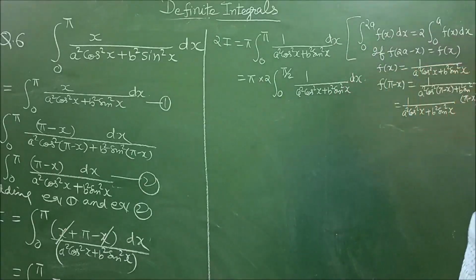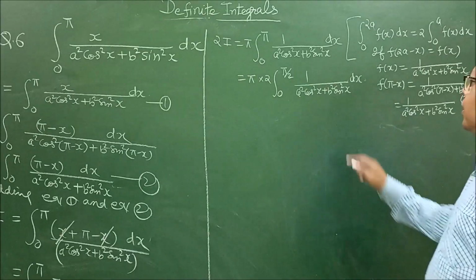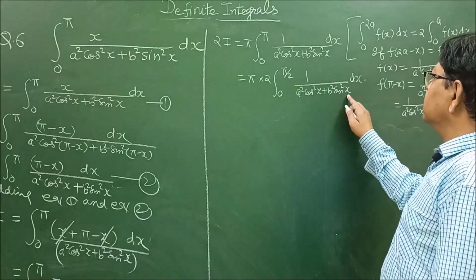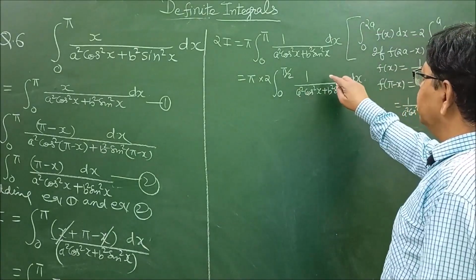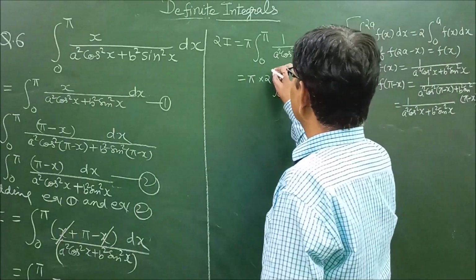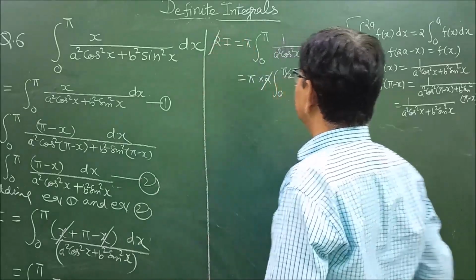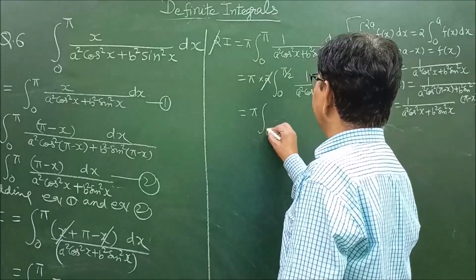Now we need to evaluate this integral. So let us take cos square x common, dividing both numerator and denominator by cos square x. Here 2 and 2 also cancel, so I is equal to pi times the integral from 0 to pi by 2.